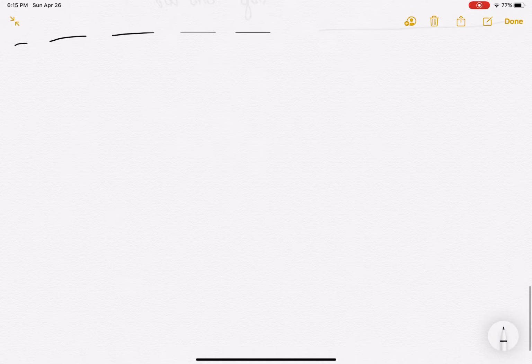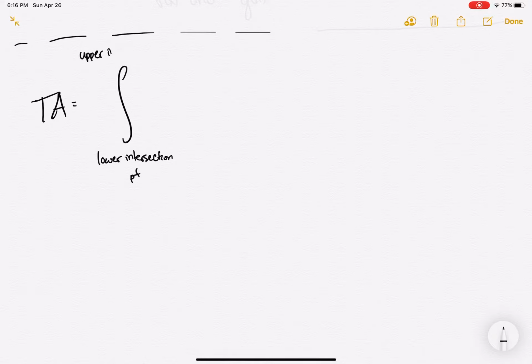But basically everything boils down to the total area being equal to the integral from the lower intersection point to the upper intersection point of the top curve minus the bottom curve, dx.